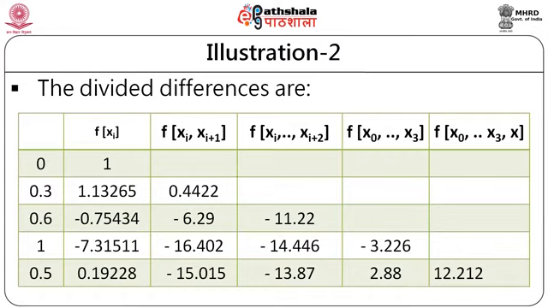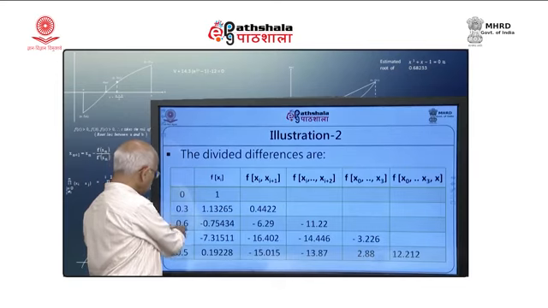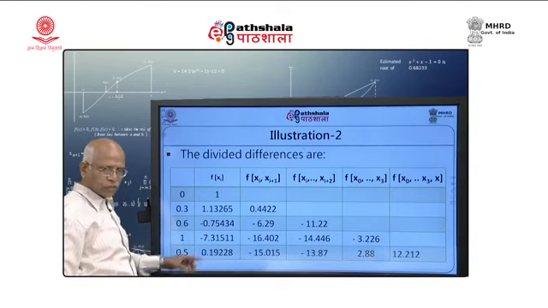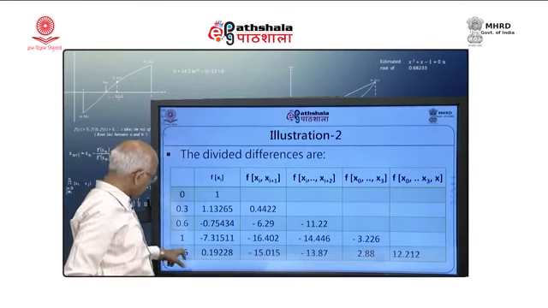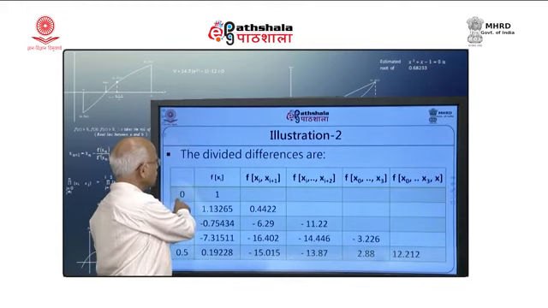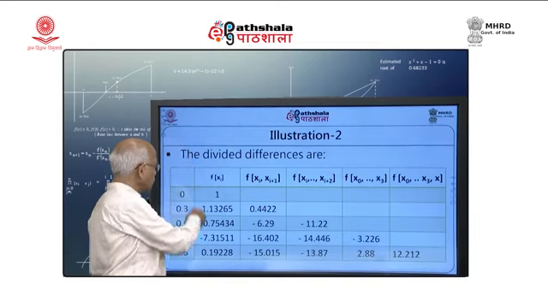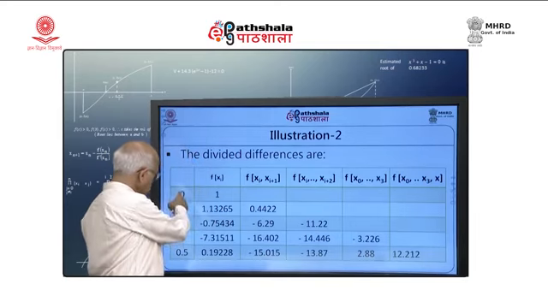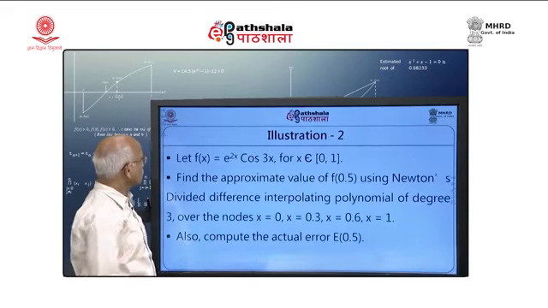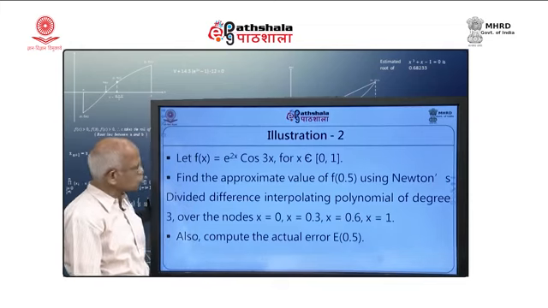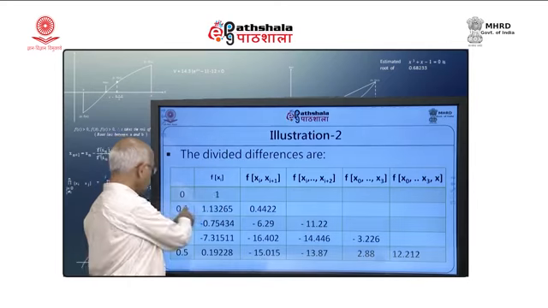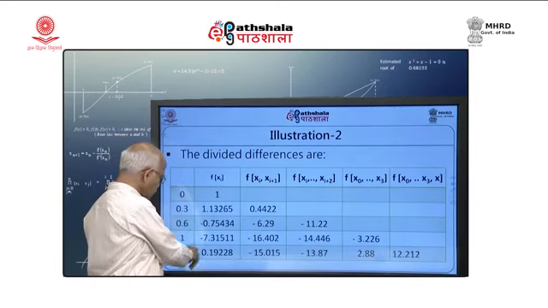So, these are my observations x_i: 0, 0.3, 0.6, 1, and the last observation I am writing as 0.5, because we have taken n plus 1 data points here. Then f(x_i) I write from here; putting the values in the given function, e raised to 2x into cos 3x, for x equal to 0 I get 1, for x equal to 0.3 I get this value, for x equal to 0.5 I get this value, and so on.